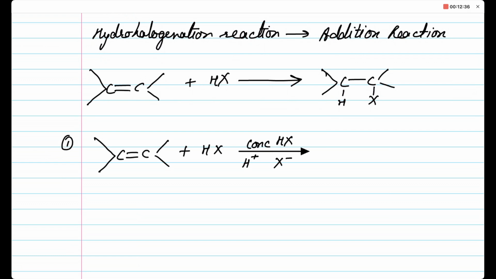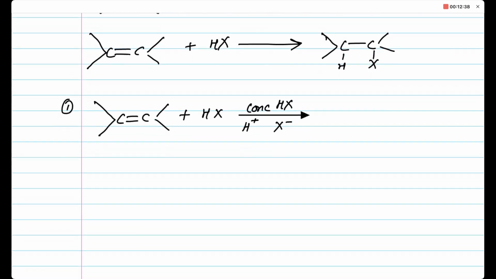Now, we have again to understand that when we talk about an alkene, the alkene contains the carbon-carbon bond having an electron cloud above and below the plane. So any species, if it is going to attack the carbon, it is not actually going to attack the nucleus of the carbon, but it will have to attack the electron cloud.